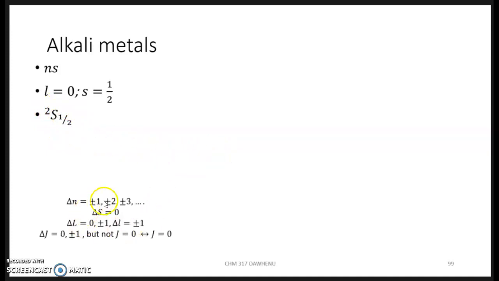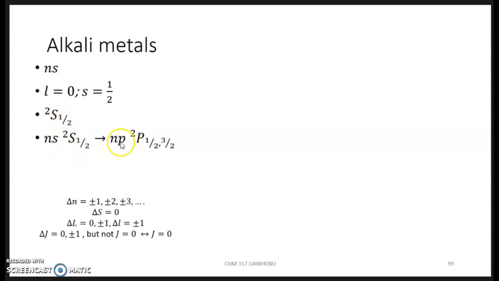So if we follow this selection rule, n can change by anything. S is 0, so the spin multiplicity of the final state also has to be 2. L can be 0 or plus or minus 1, which means we can go from S to S or P. But because of the other restriction, we can only go from S to P.